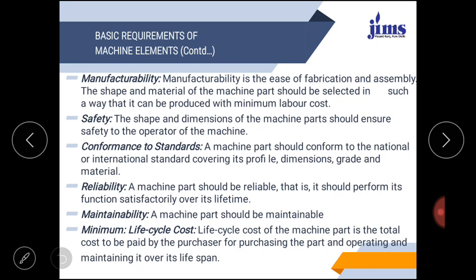If it is very complex, or its dimensions are not in a proper or standard way, it will take more time to manufacture, and it will take a more complex machine to manufacture it. So subsequently it will increase the cost. That should be avoided. Another aspect is safety.